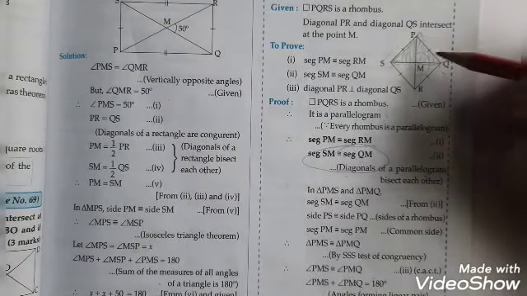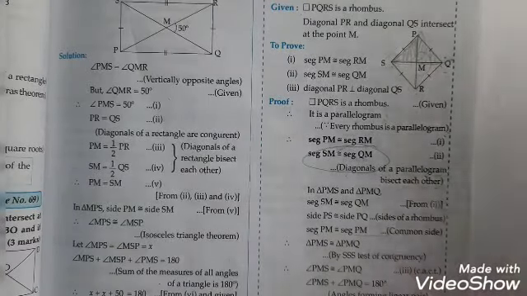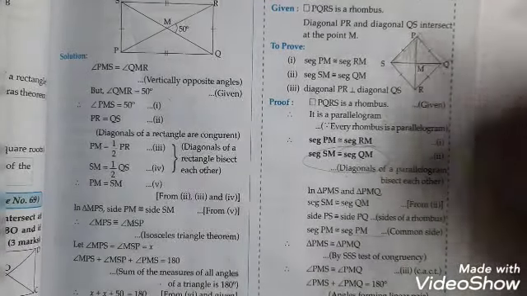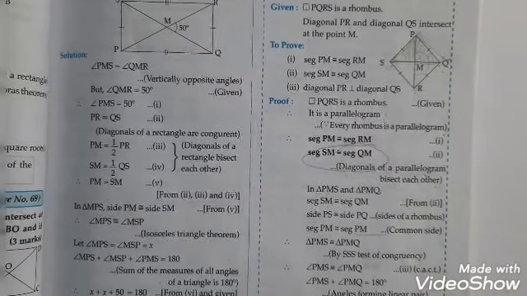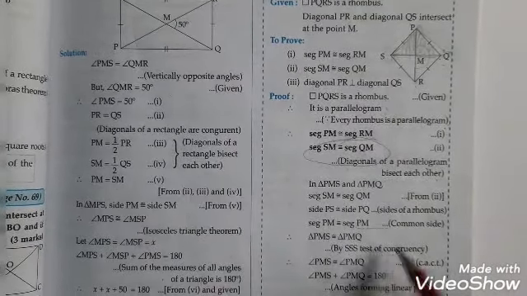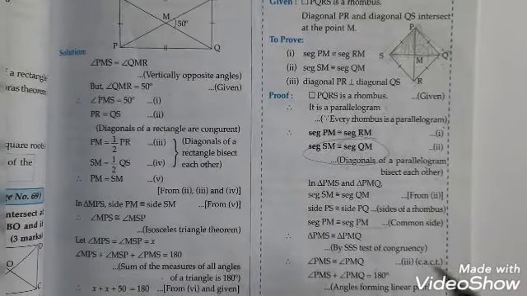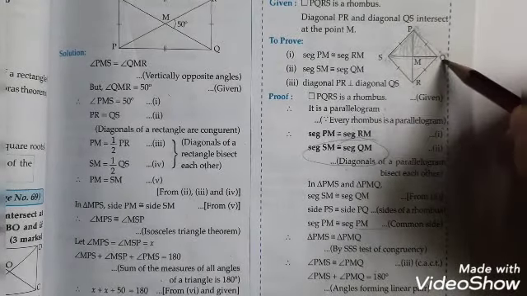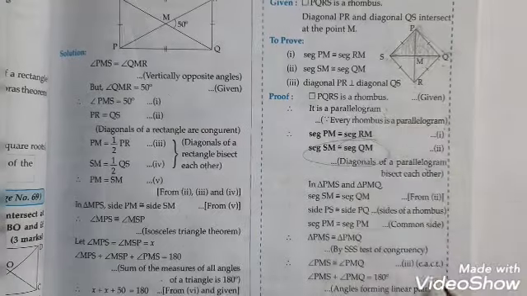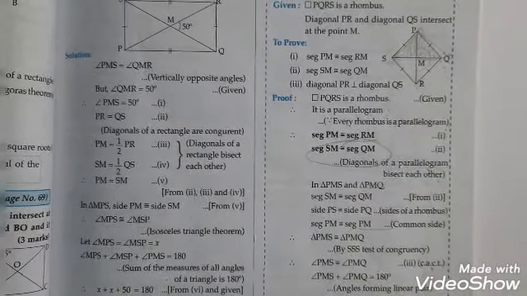Then PM is a common side, and PS and PQ are the sides of the rhombus. So the two triangles are congruent by the SSS test of congruence. So now I write the corresponding angles: angle PMS is congruent to angle PMQ, by corresponding angles of congruent triangles.